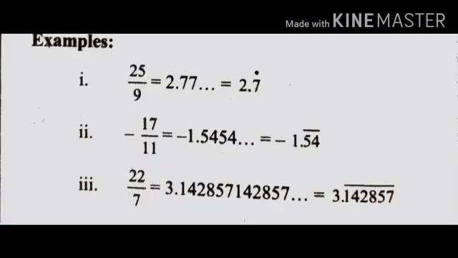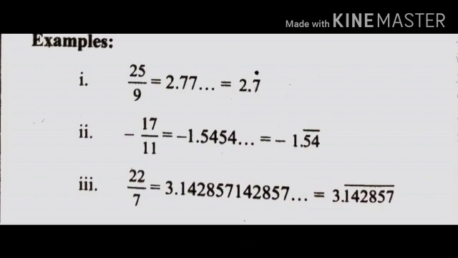See these few more examples. In the first example, 25 upon 9, when we divide numerator 25 by denominator 9, we will get the number 7 repeated again and again.